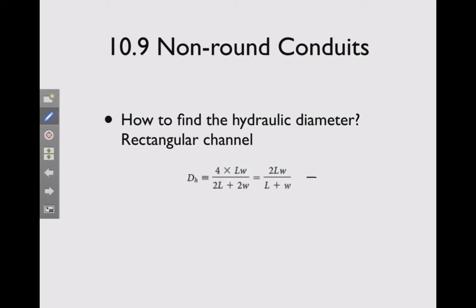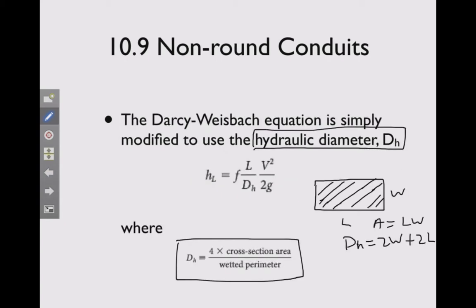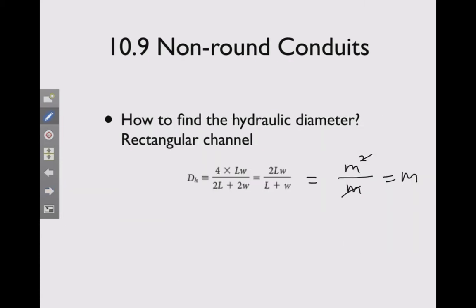The units of this on the top are going to be, for instance, meters squared or length squared over meters or length. And this cancels that, and we're left with basically a length. So the units work out, and so when we plug this into our non-dimensional numbers, we're going to get the right units. Some other examples, let me go to the next page and do some other examples.